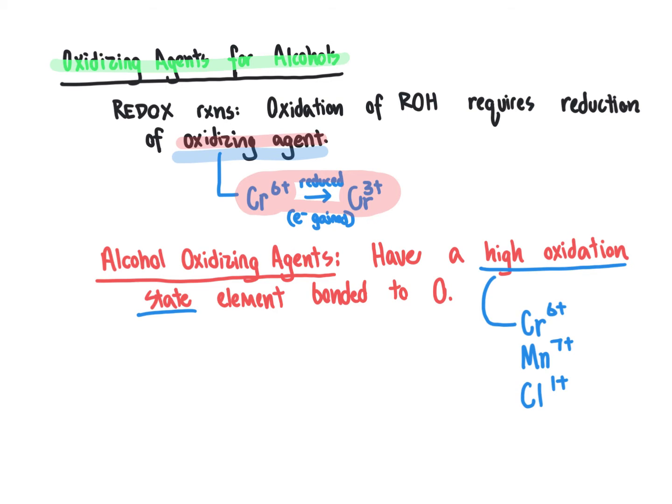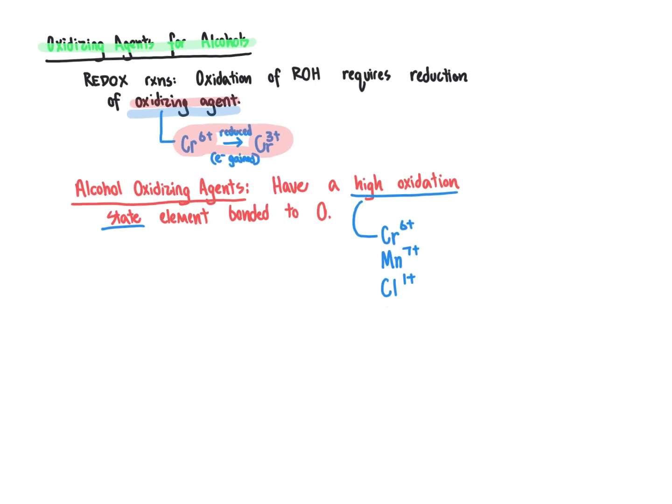We can look at specific examples of how we incorporate these high oxidation state elements that are bonded to oxygen into oxidation agents. Some examples include a variety of different chromium-6 reagents. Pretty much if you're looking at a problem and you see chromium in the 6 oxidation state, we can expect that an oxidation reaction is going to occur.